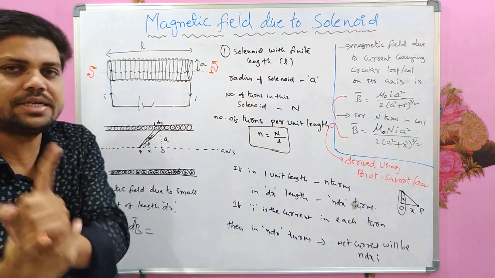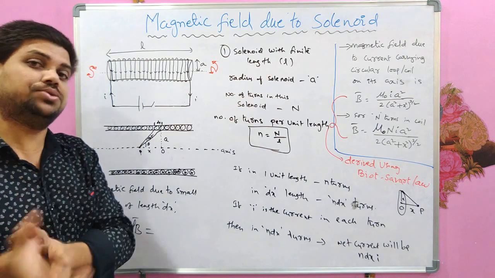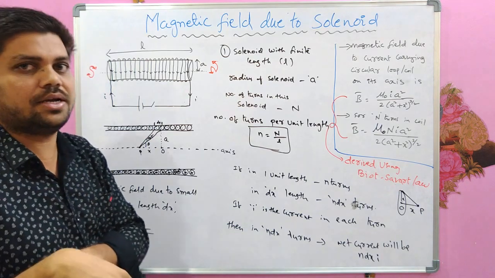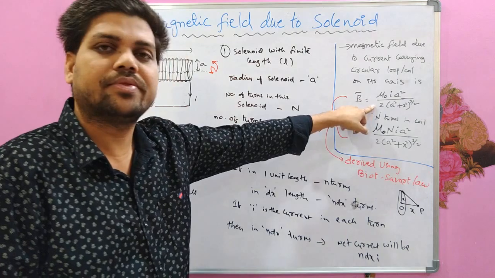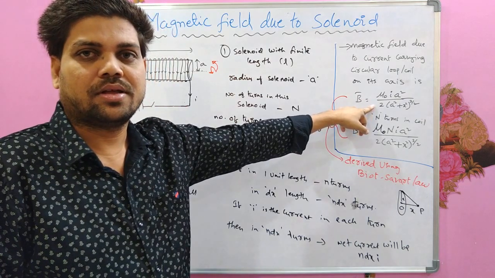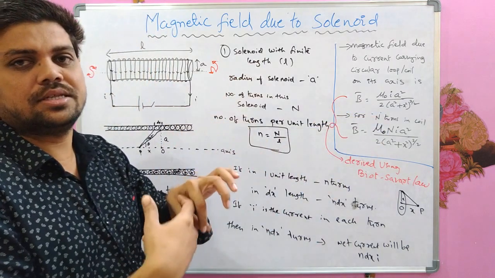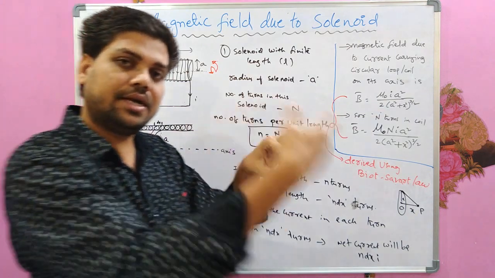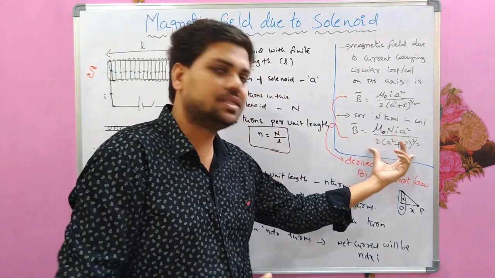If you consider one turn, the magnetic field due to that one turn on its axis will be this. If there are N turns, the magnetic field due to those N turns on its axis will be this.